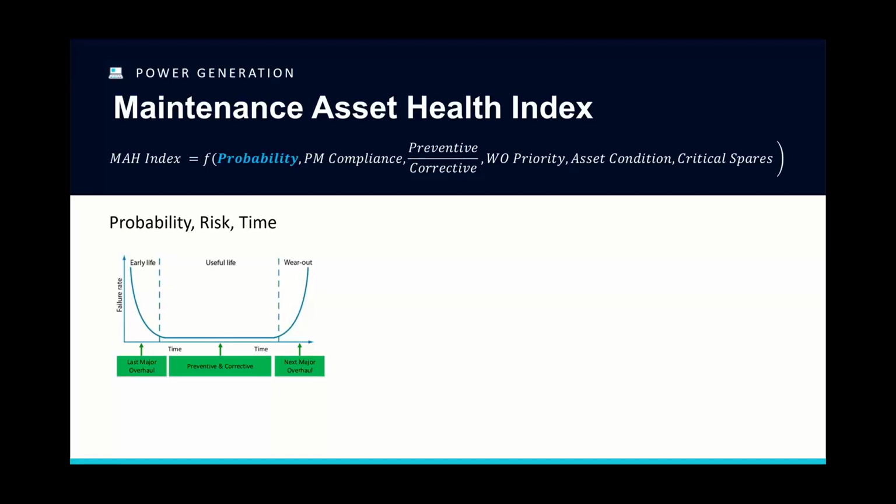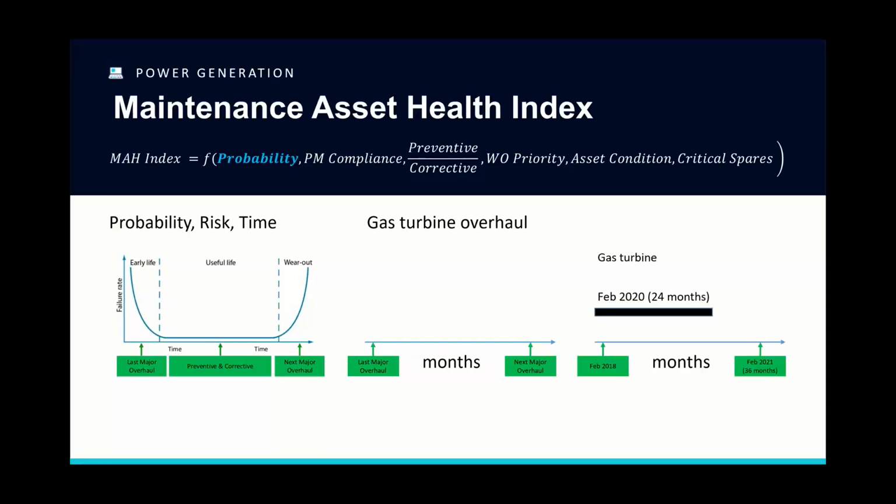So what we did is define this bathtub curve starting from the last major overhaul to the next one. Let's say that there is a gas turbine overhaul basically every 36 months, right?